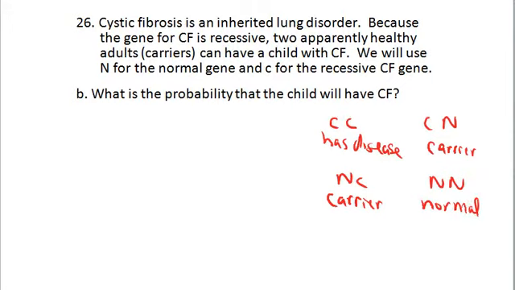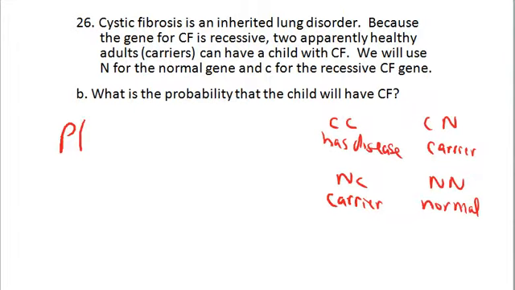Now these are equally likely, so the probability that the child would have cystic fibrosis would simply be, you'd count every one of the four where the child would have cystic fibrosis and divide by the total number of possibilities. So whether you know a lot of biology or not, it's basically just a labeling and counting problem.